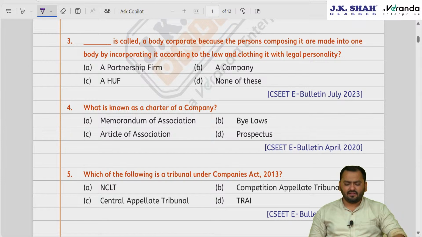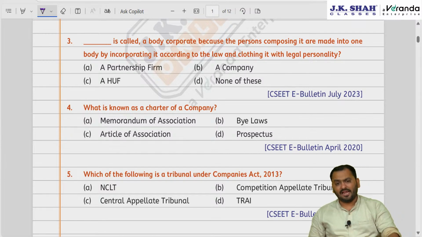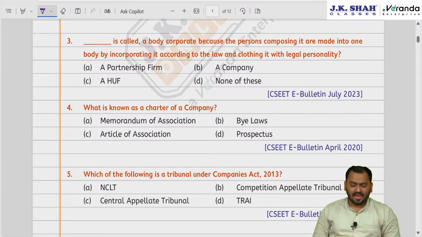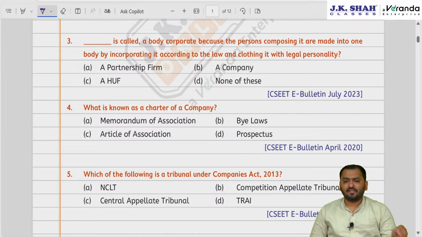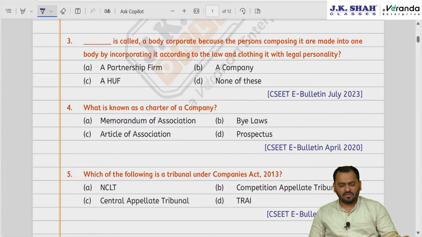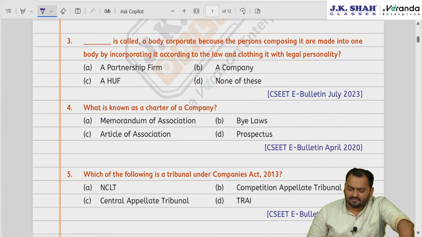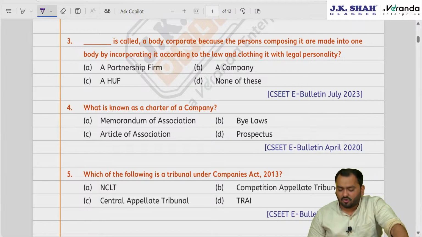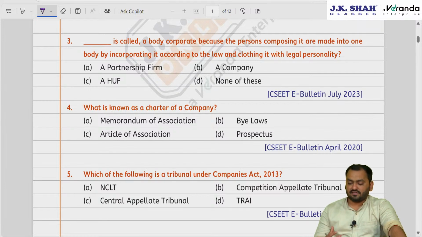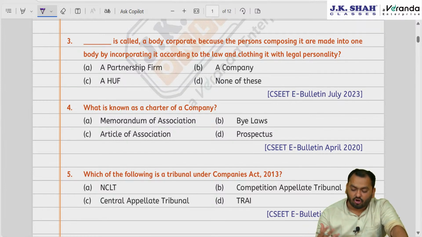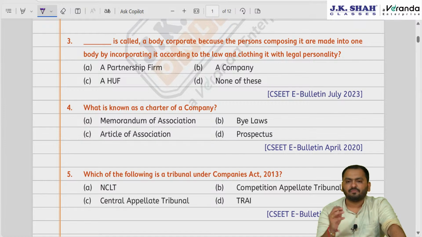But tell me, is a partnership firm a separate legal entity? No. Can a partnership firm have the feature of perpetual succession? No. You know, when a partner dies, in such a case what happens? The partnership firm also dies. Yes or no? So similarly the things go, but yes, here in the question they are asking about a body corporate where the persons composing it are made into one body by incorporating it and giving a legal personality.